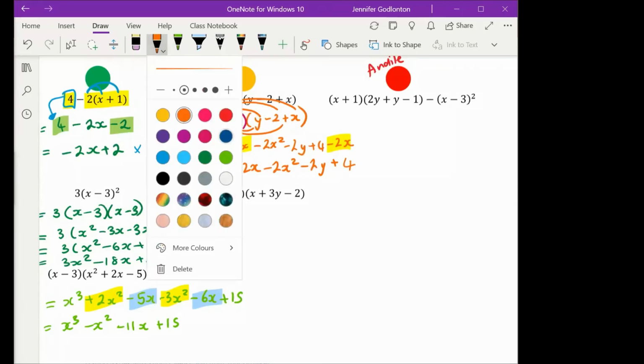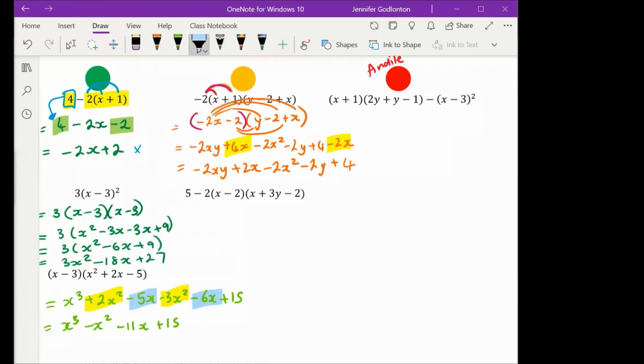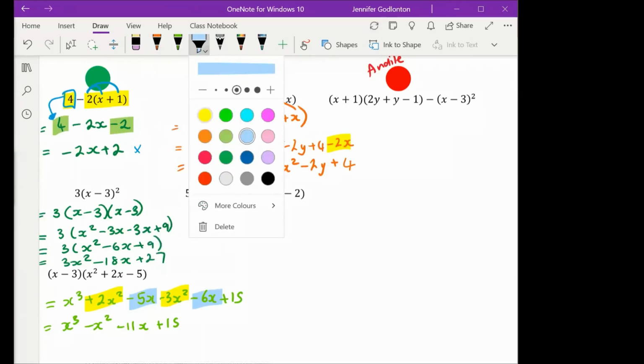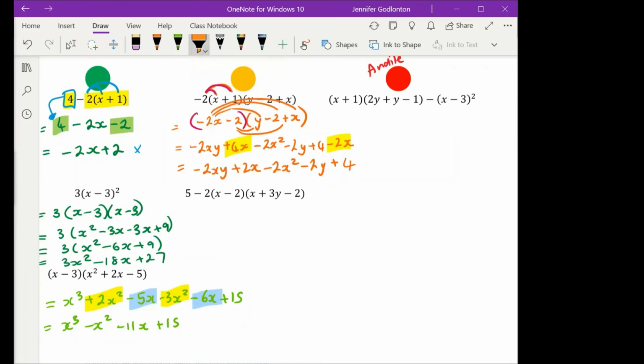Okay, Asange, what I'm going to do with this one is, because it is quite a tricky one, I'm going to actually just talk everyone through it. If you understood this one and you don't need help, you don't need to listen to me talking here. This is an example of where this quick method that we did up at the first orange one can become problematic, because you want to put a minus sign and sometimes the 5 lands up in front of the bracket and things sometimes fall apart.